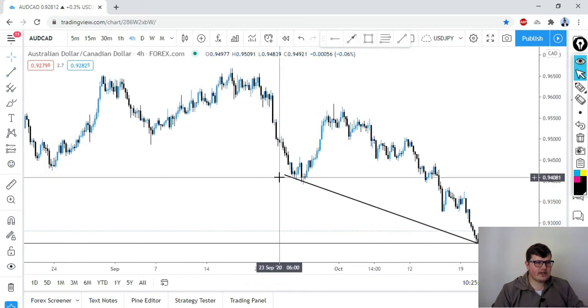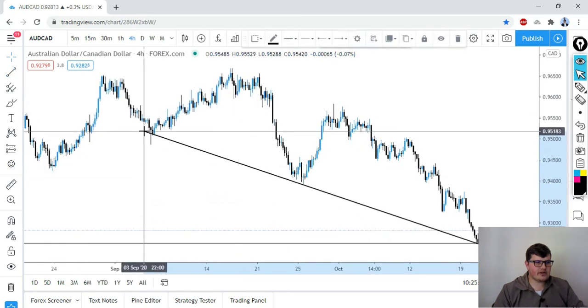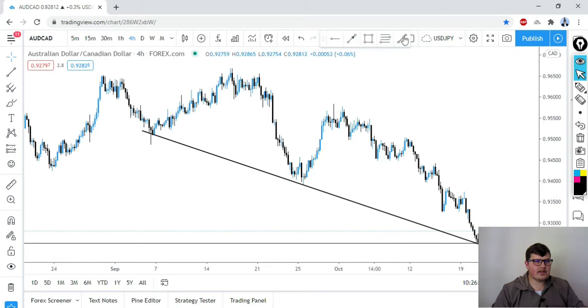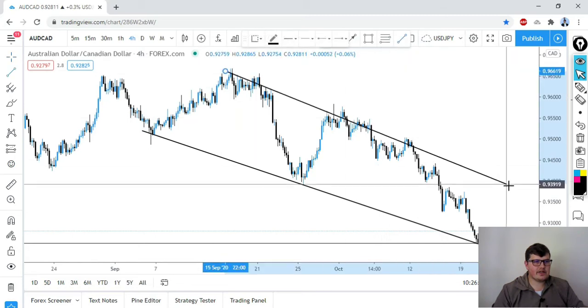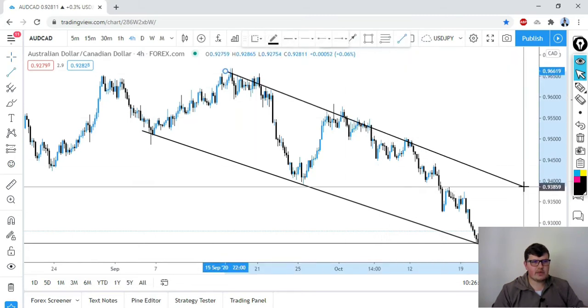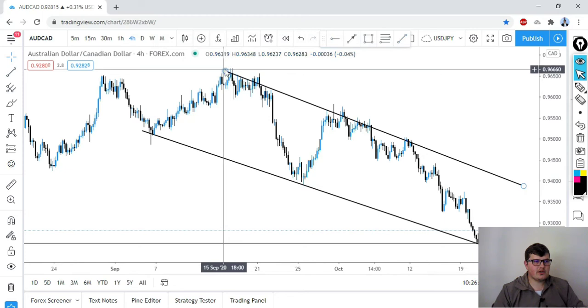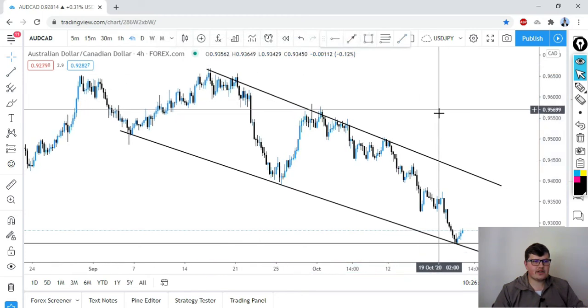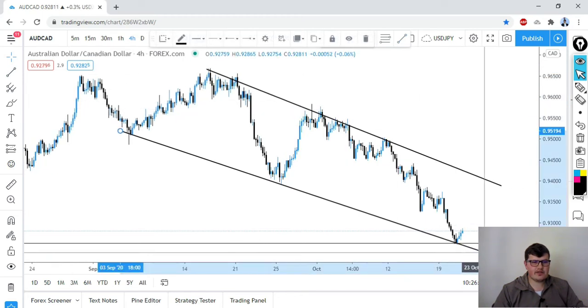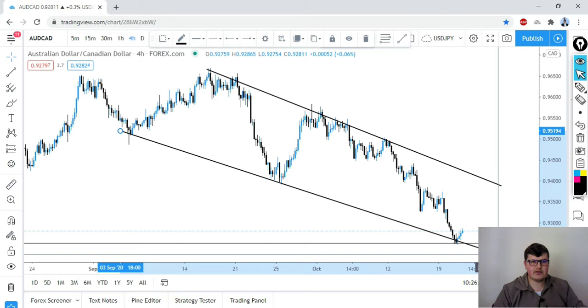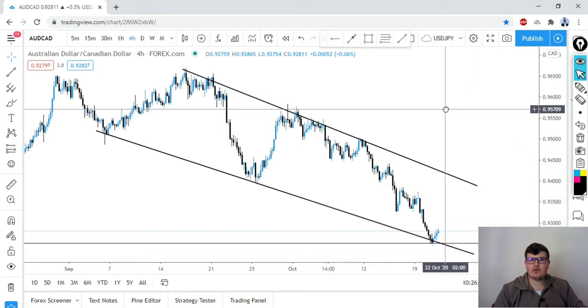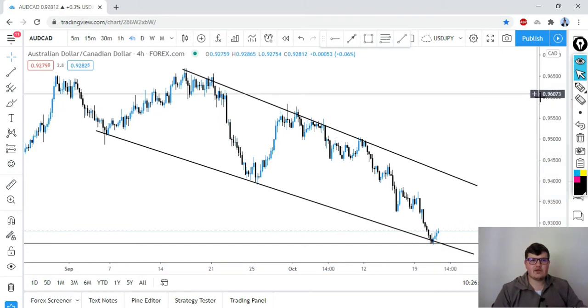I can even extend it to this bounce over here, and then take these highs over here, connecting as many of them as possible, like so. So this is a descending wedge, for those of you that don't know this chart pattern. The descending wedge is basically just a build up of momentum.